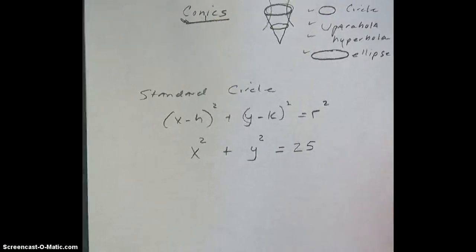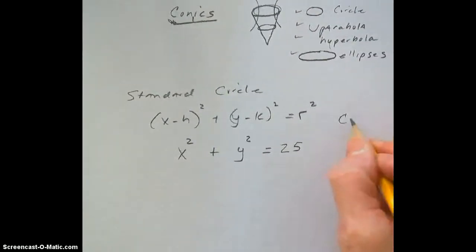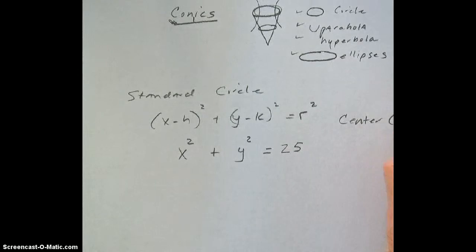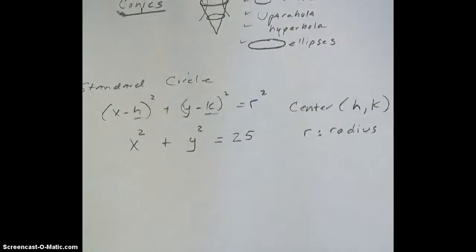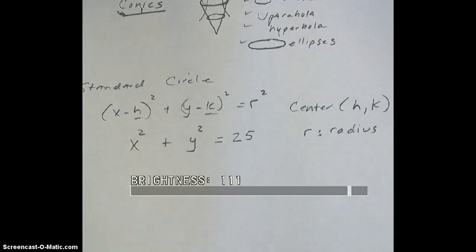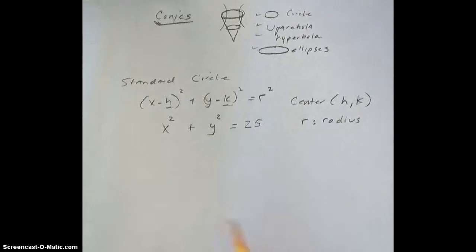In a circle, we have two very important pieces. One is called the center. The center is going to be this (h, k), whatever these numbers are, and r is going to be our radius. We might remember that a circle is the set of all points that are equal distance from the center.